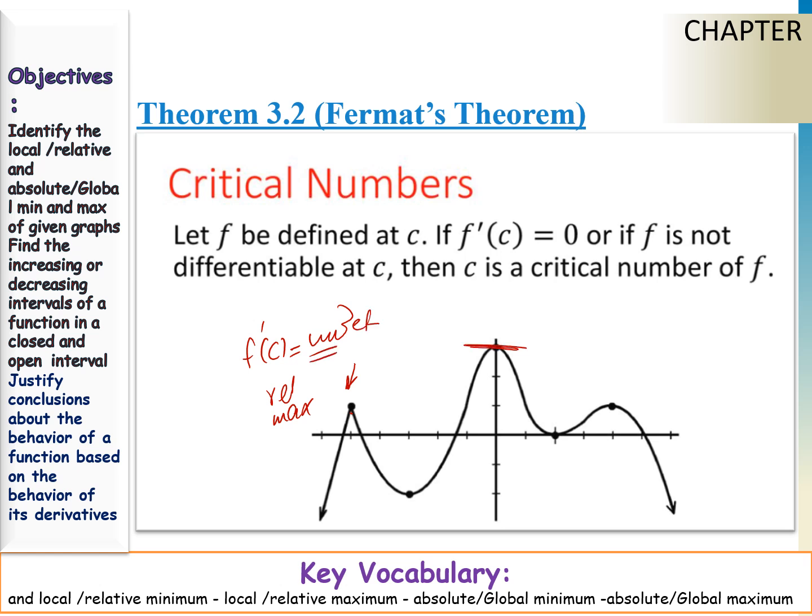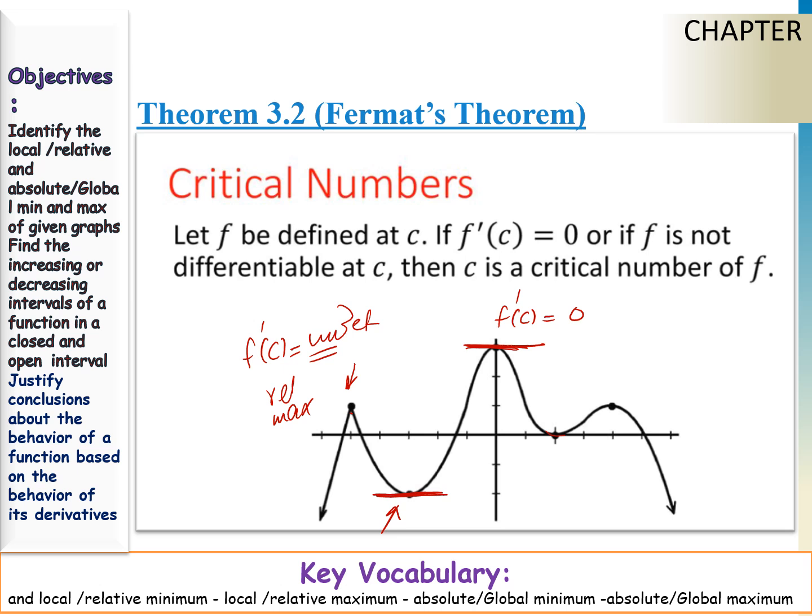Here, over here, this is the peak of a mountain. So again the derivative is 0 because the slope of the tangent line is a horizontal line. Over here, again it is a local minimum and the slope of the tangent line is 0.